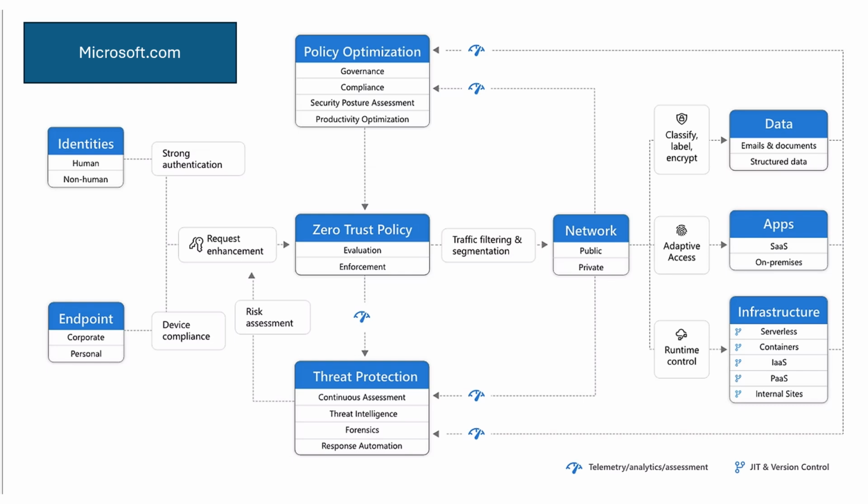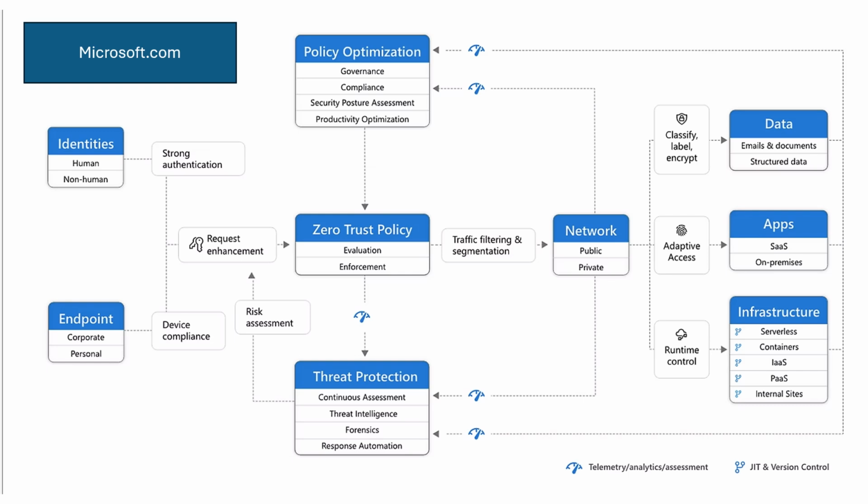This approach is guided by three fundamental principles: verify explicitly, apply least privilege access, and assume breach. The verify explicitly principle mandates comprehensive authentication and authorization for every access request, integrating strong identity checks, usually via multi-factor authentication, and scrutinizing device security to ensure they meet predefined compliance standards.